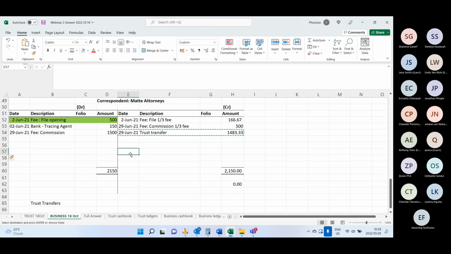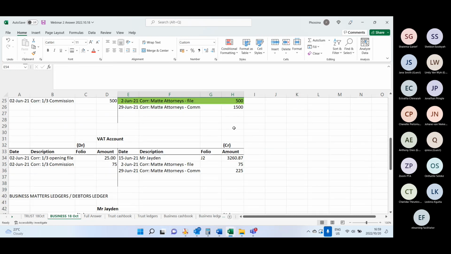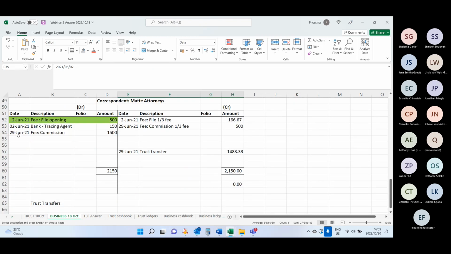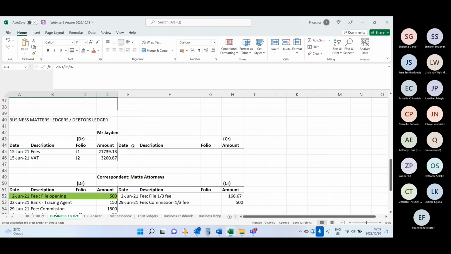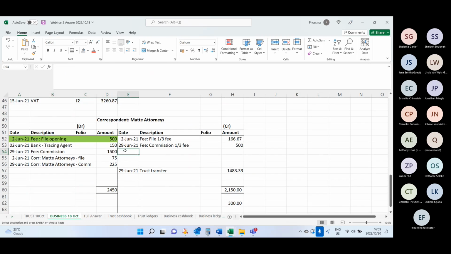So whatever that we have done to the VAT account needs to be accounted for in our ledger, and how we account for it. Whatever that we have credited, we are debiting. You see? Whatever that we have credited, we are debiting. And also when it comes to these amounts that we have debited, we come to our correspondent, we also make sure we debit.